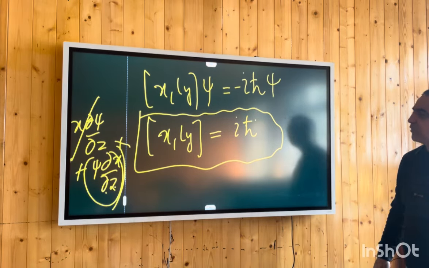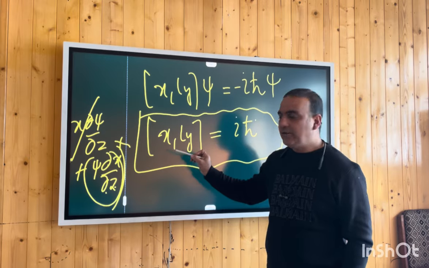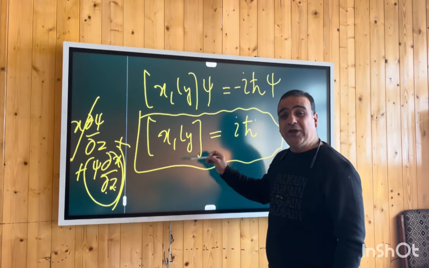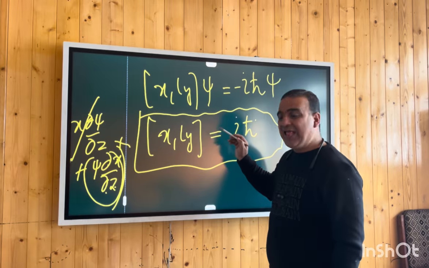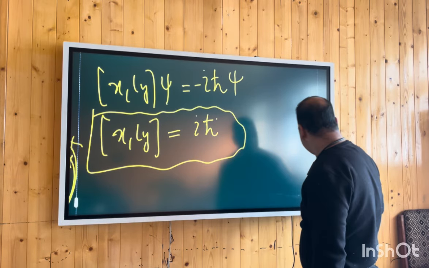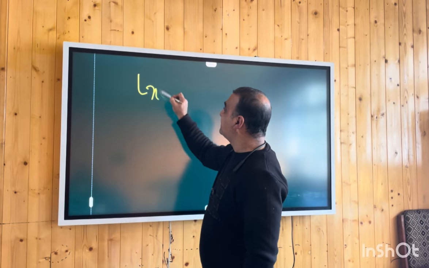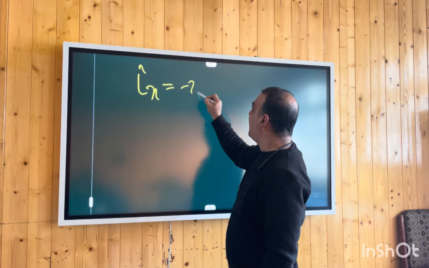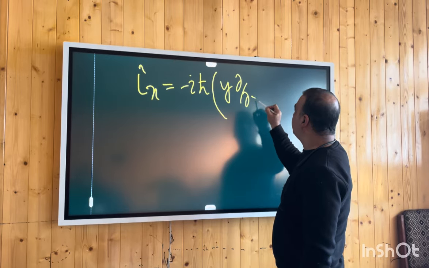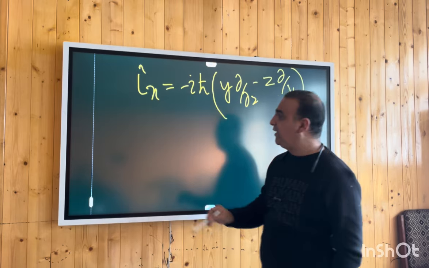In a similar way, you can go with yLz, and with zLx. For that, I would like to write down the operators again. You have the Lx operator as minus iħ (y ∂/∂z minus z ∂/∂y).